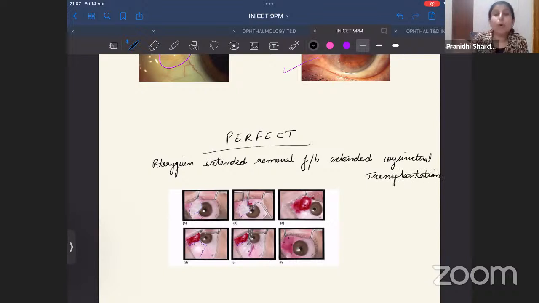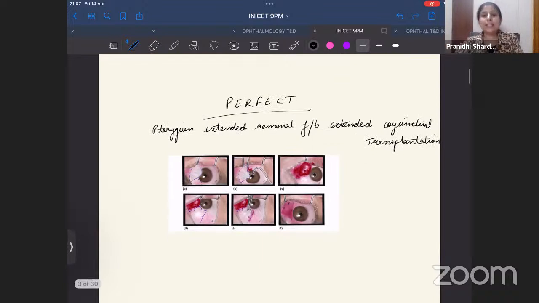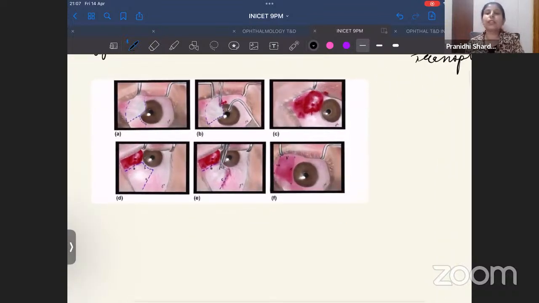It is just a modification of the conjunctival autograft surgery in which extended removal of the Tenon's capsule is done so that the recurrence rate decreases even further. And these are the steps we do in the conjunctival autograft: we remove this fibrovascular growth and take another conjunctival autograft from the superior side mostly and replace it on the lesion site.